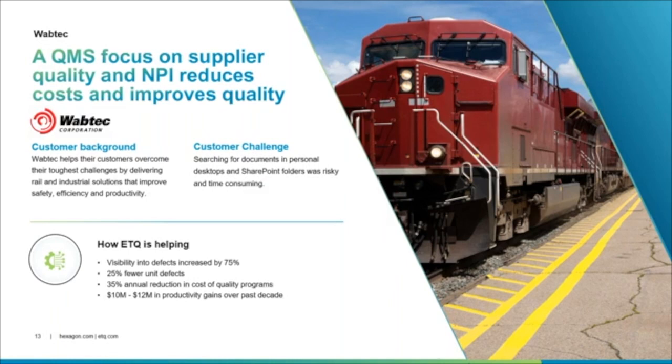This automation created data that was very powerful for trend analysis and providing early predictions of defects and helping to identify when these types of compound issues arise. So this allowed Wabtec to have $10 to $12 million in productivity gains.